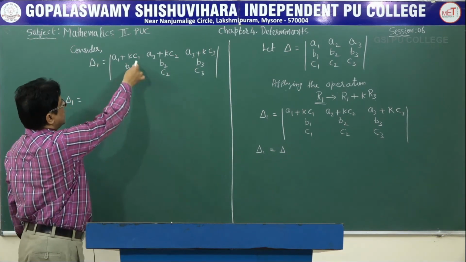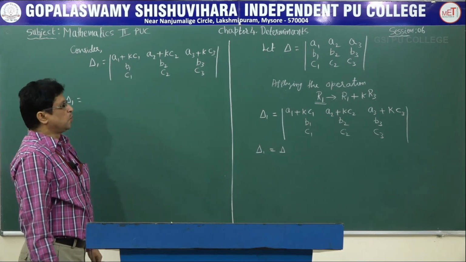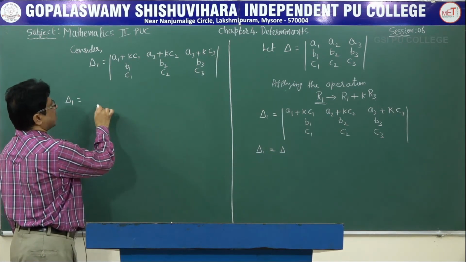So this can be expressed as sum of two determinants by property 5.